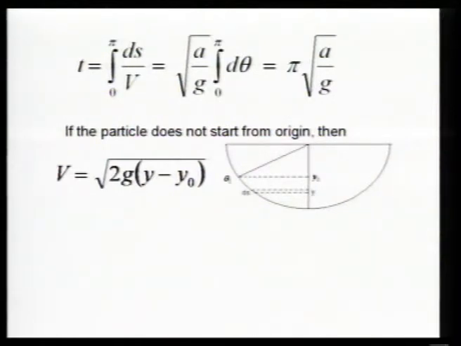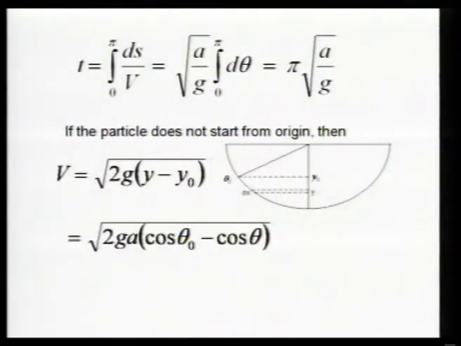But we have now to integrate from theta 0 to pi. And so we substitute for v, 2g, we substitute for y, we substitute for y0 in terms of theta 0. And we obtain 2ga(cos theta 0 minus cos theta). Simple.